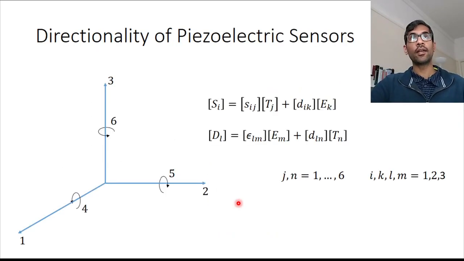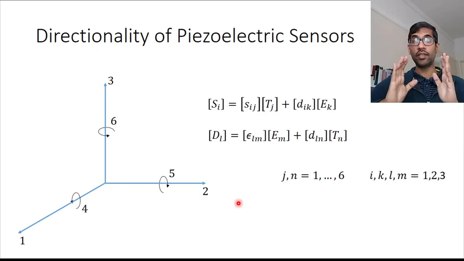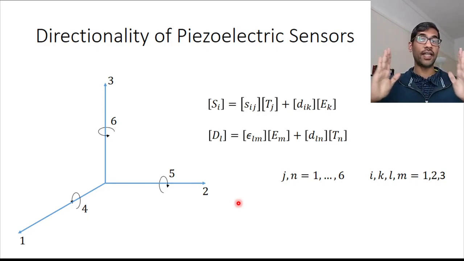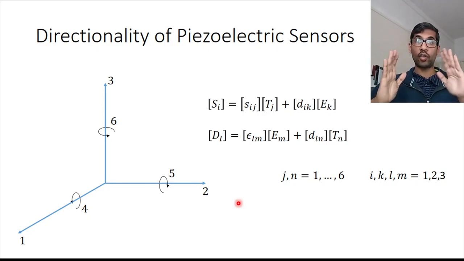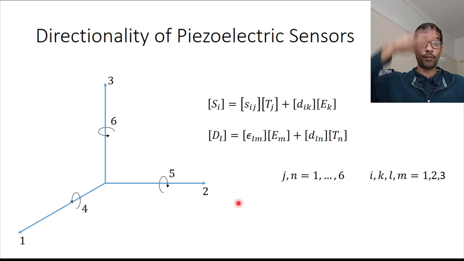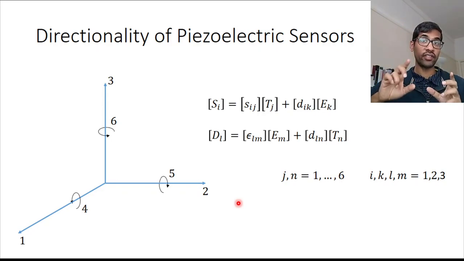Okay, and of course, as we have discussed previously, it's not the case that an electric field in one direction will cause strain in the same direction. It could be various kinds of linkages. It could be that electric field in one direction causes strain in a perpendicular direction, and not just in a perpendicular direction.